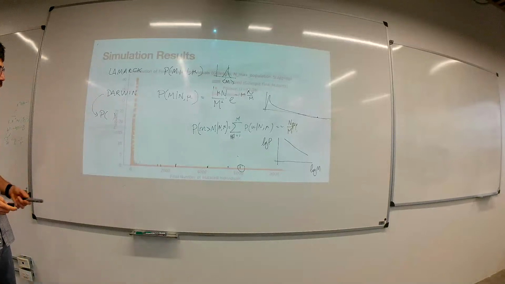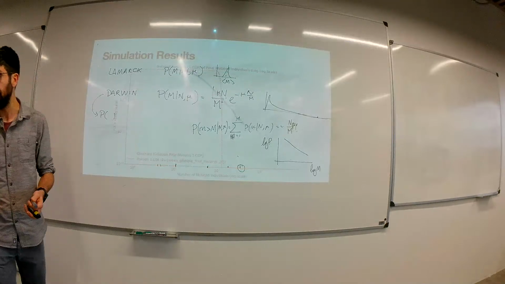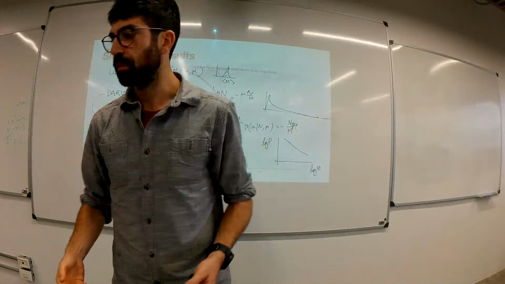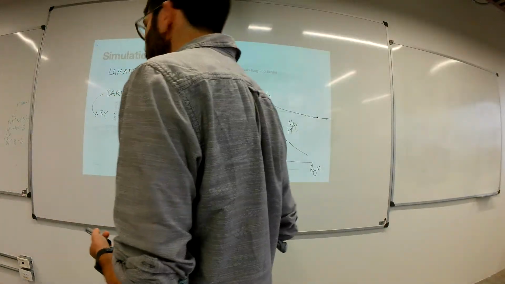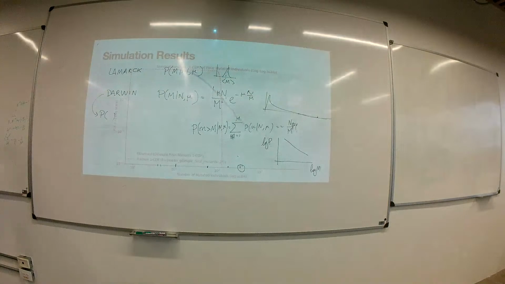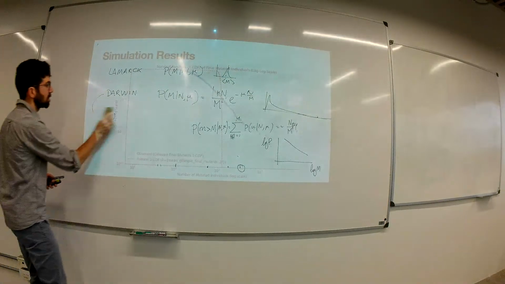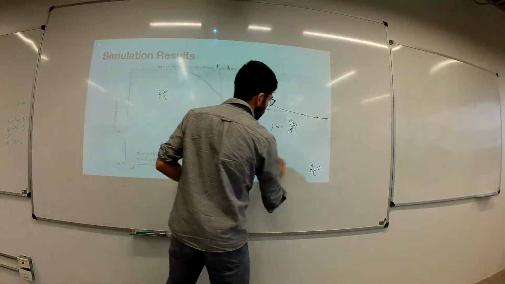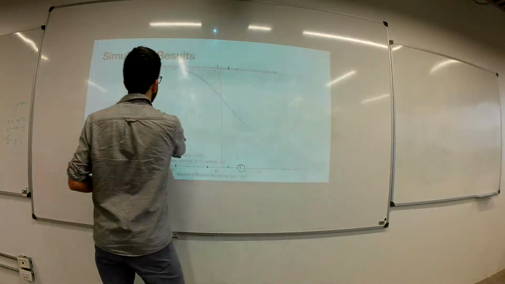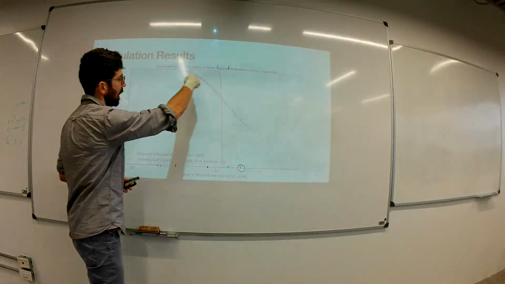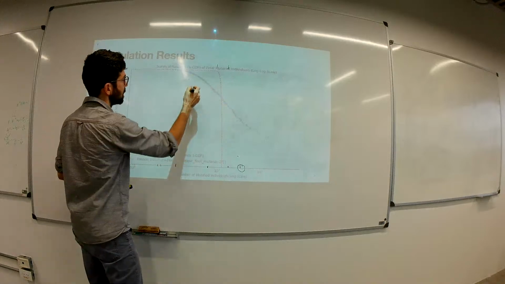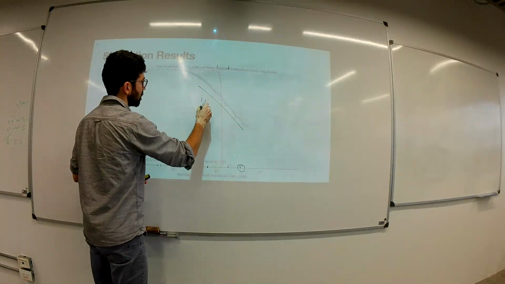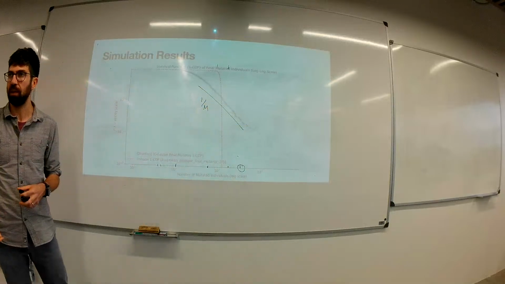If you replot the simulation data in that way, what you see is that the data follow this line here, and actually this line is exactly the one that corresponds to 1 over n.